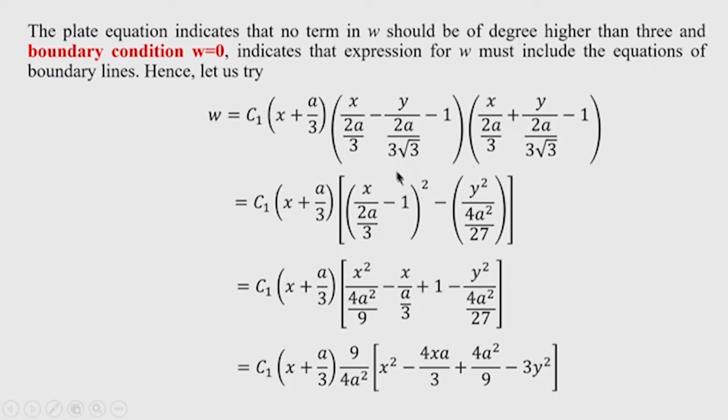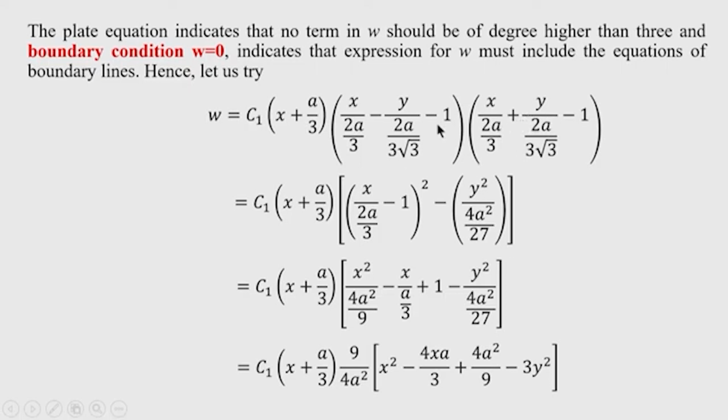Okay. Now, this term can be arranged, because x plus a by 3 I am keeping here, and this term can be taken as minus 1 minus y by 2a root 3, and this term can be taken as it is plus.